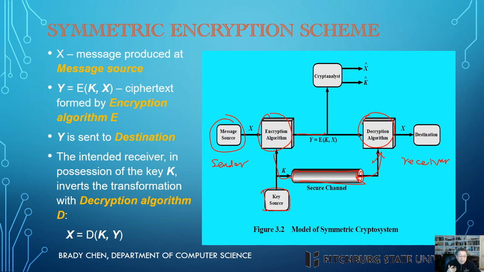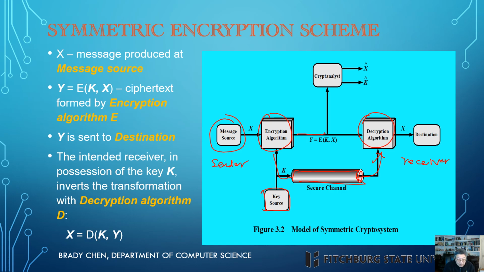Somehow they should not be able to break this message, in two senses. One is, they should not be able to break the message without a key. The other is, they should not be able to get the key, because getting the key is almost the same as breaking the message.